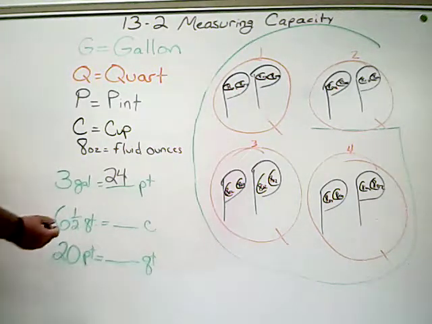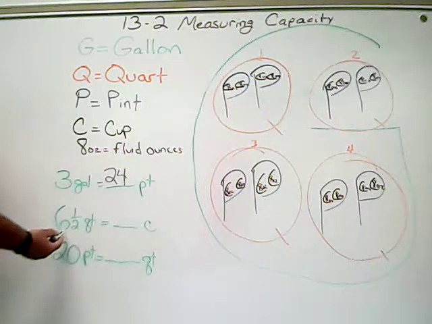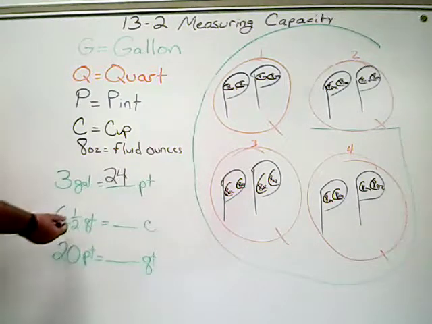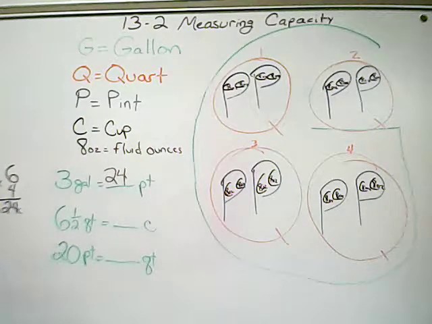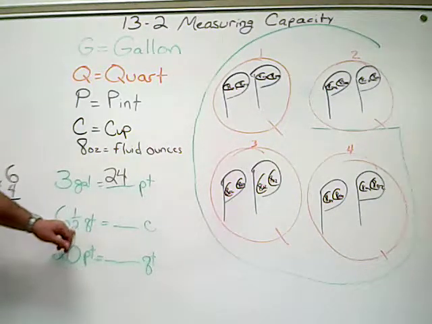But I'm not talking about 1 quart, I'm talking about 6 and then a half. So I'm going to take my whole number first, 6. 6 quarts times 4 cups in each one will get me 24 cups. But I'm not finished because I still have to do my half.